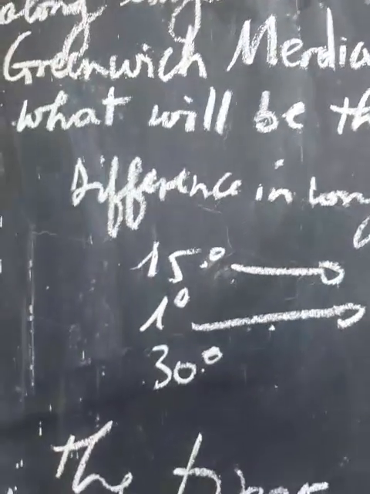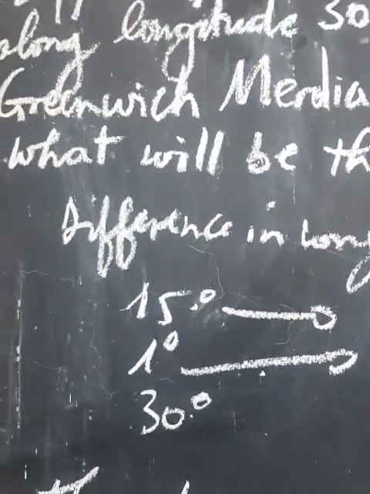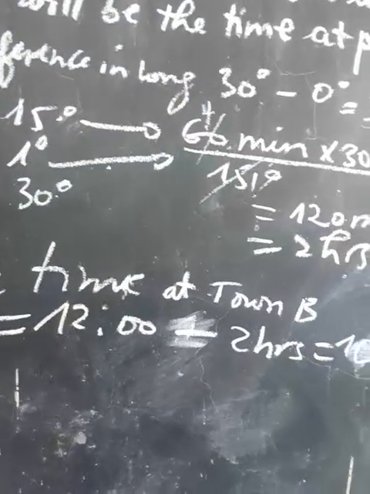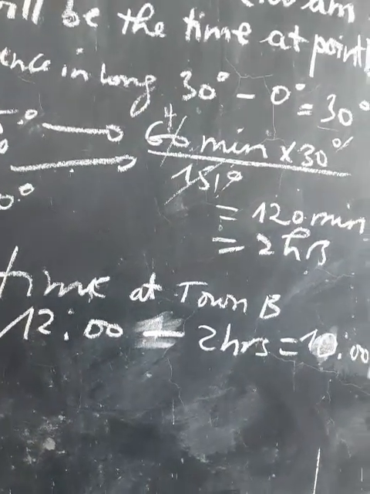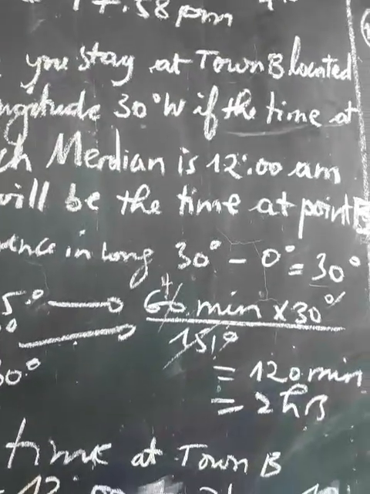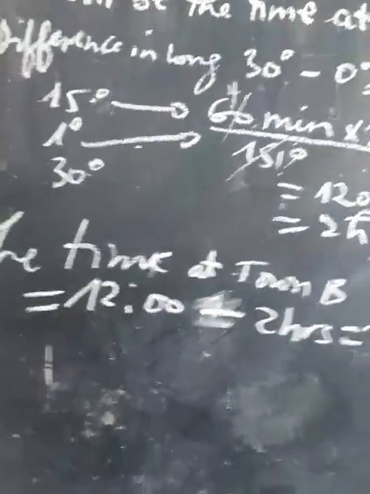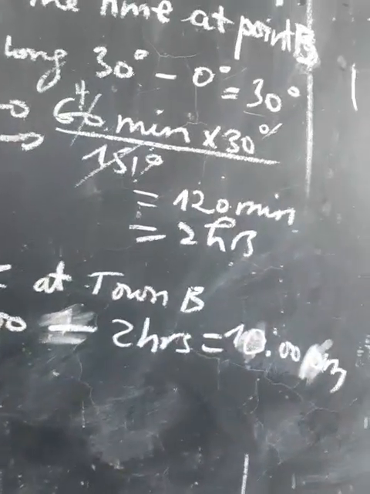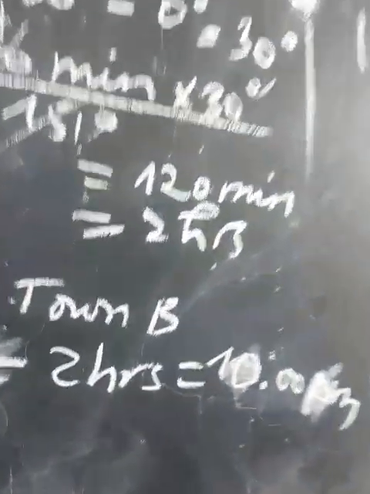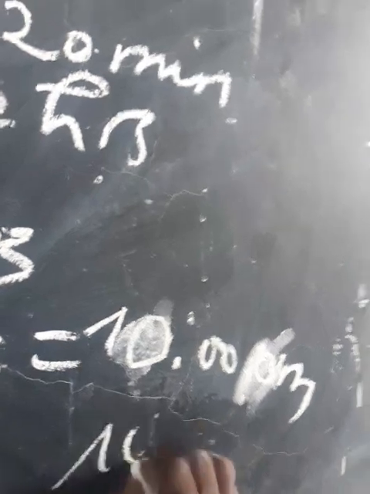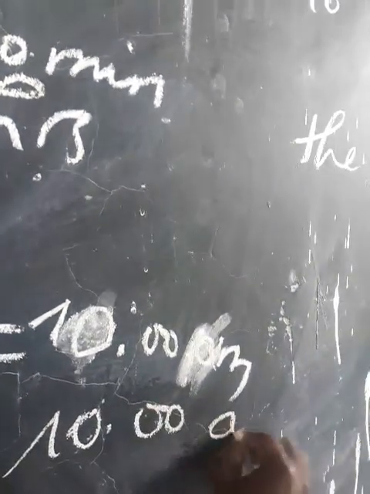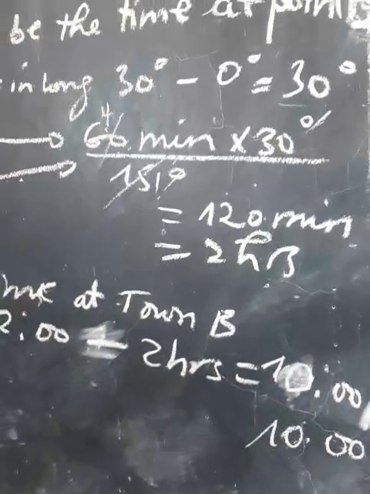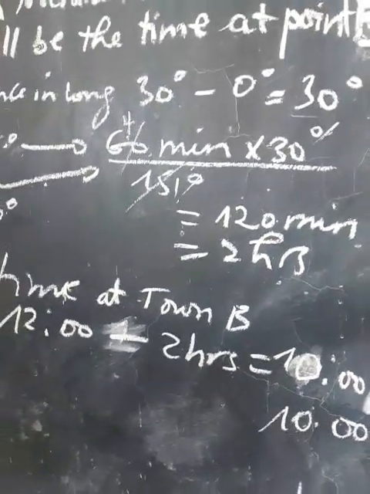Since we are going in the western direction, we are going to subtract. It will be equal to 12 minus 2 hours, which is equal to 10 a.m. So the answer at town B is 10:00 a.m.